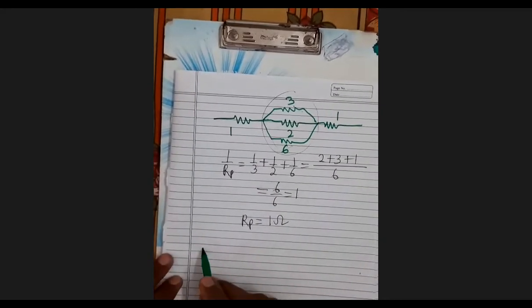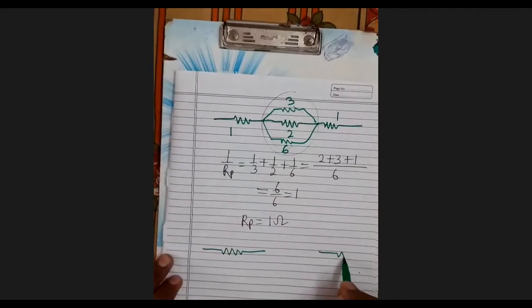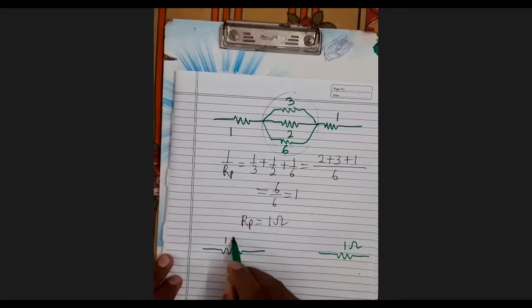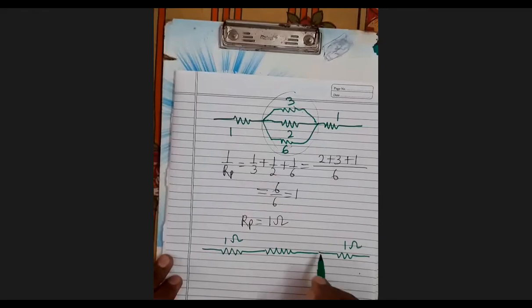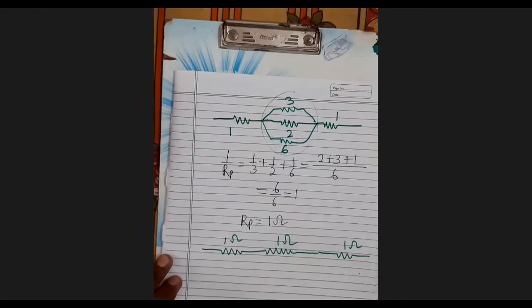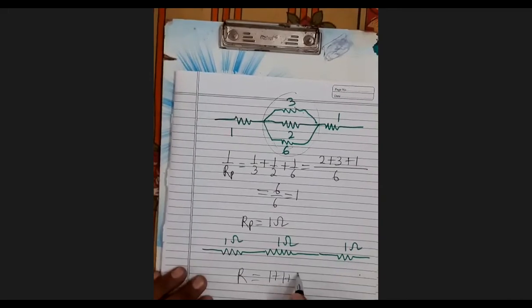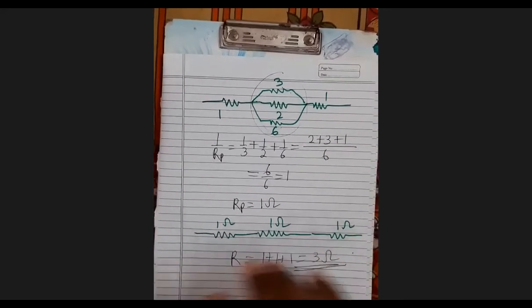Now this 1 ohm and this 1 ohm, this one is 1 ohm, and this is also 1 ohm. They are in series. So what is the equivalent? It is 1 plus 1 plus 1, that equals 3 ohm.